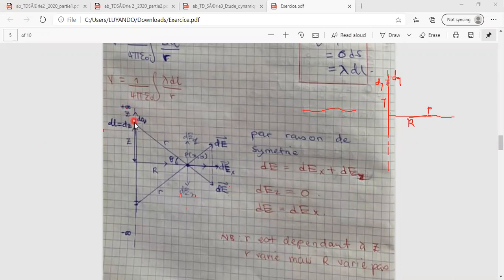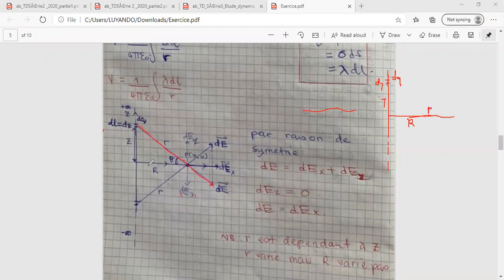If I draw an electric field vector, we said that for a point charge, the electric field acts outwards. So if I draw the electric field vector between the segment and the point, it is going to come in this direction. If I extend it, I'm going to have my dE, my electric field vector.